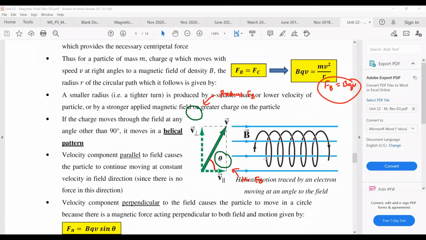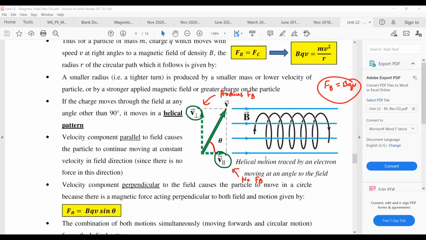If your charged particle is moving at angle theta to the field in the first place, you will need to use F_B equals BQv sine theta.